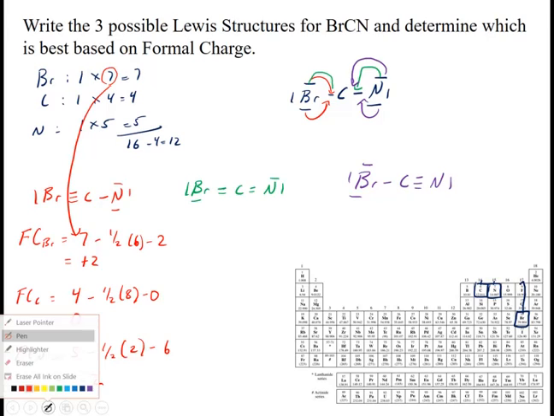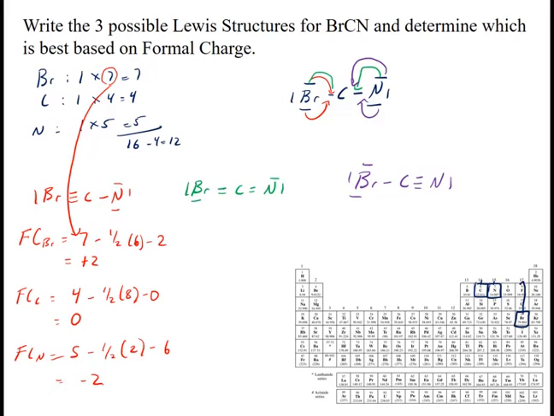Okay. For my next structure, I have formal charge of bromine, still being 7, minus 1/2, this time it's 4, minus 4. So that's 7 minus 2 is 5. This gives me a plus 1.